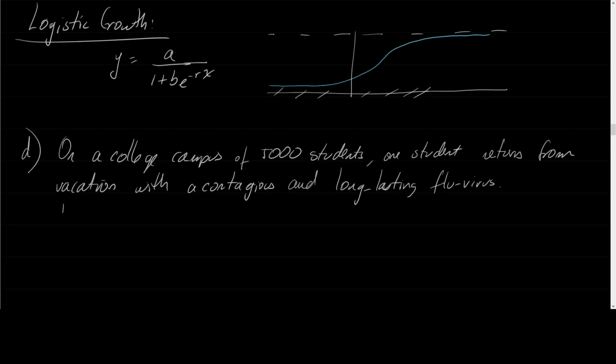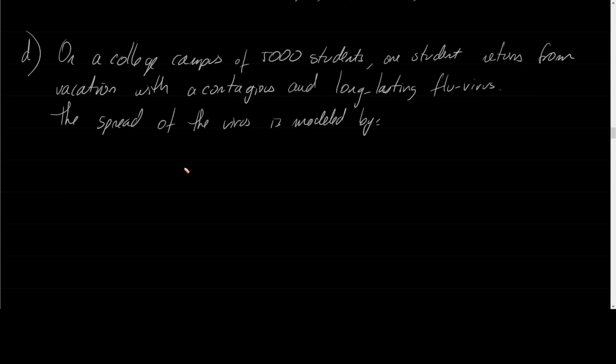The spread of the virus is modeled by, and here's our model, y is equal to 5,000 over 1 plus 4999 e to the negative 0.8 t, where t is greater than or equal to 0.